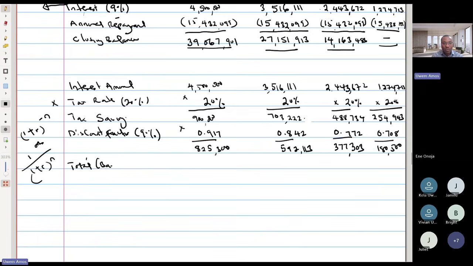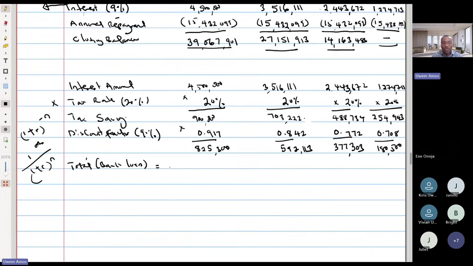What is the total for the bank loan? 825,300 plus 592,113 plus 377,303 plus 180,500.